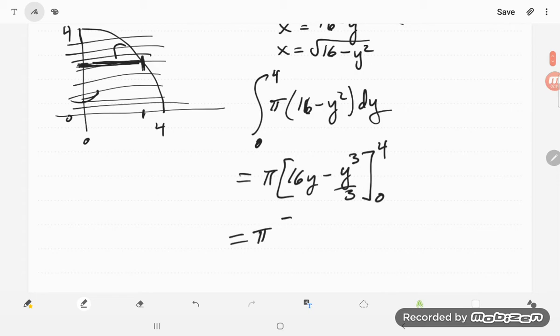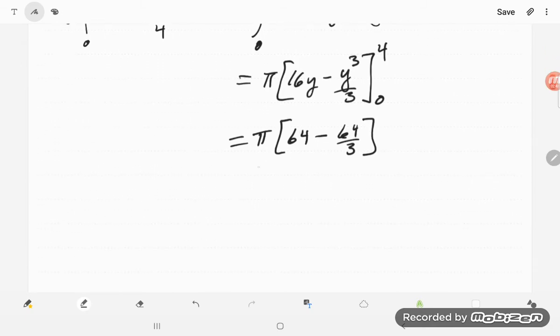So we get pi times 64 minus 4 cubed is 64, so 64 over 3. So this is just 2/3 of 64, which is 128 times pi over 3. So that's what we get.